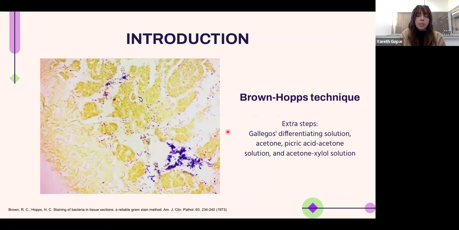Here, the gram-positive bacteria stain blue and gram-negative bacteria stain brown, pinkish red, and the surrounding tissue is stained yellow. As with the previous modification of the Gram stain, the Brown-Hopps technique has the disadvantage that important morphological details that would allow the inflammatory response to be associated with the infection are lost.